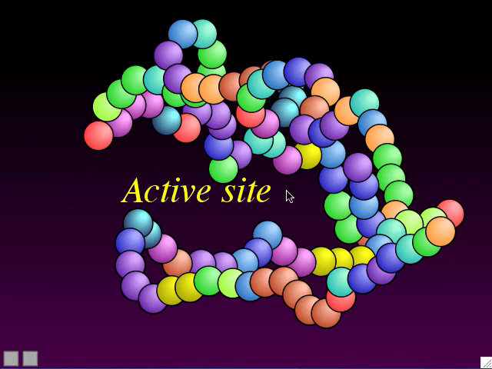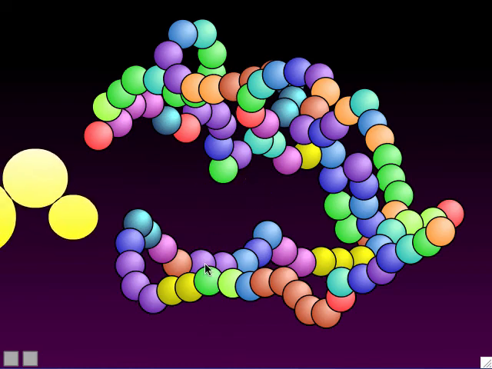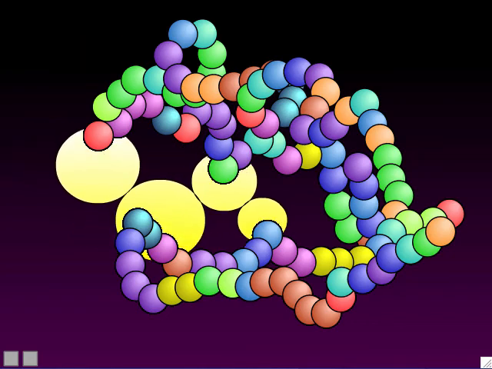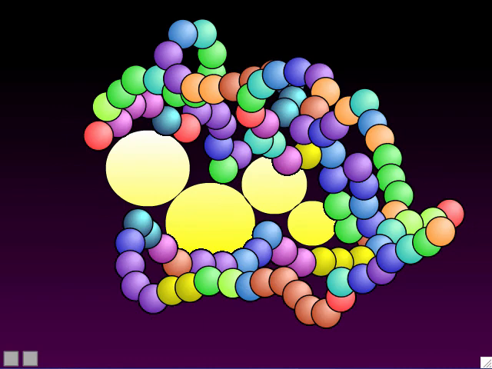So this spot here, this kind of crevice in the enzyme here, is the active site of the enzyme. The molecule that goes into the active site, in other words, the molecule that the enzyme does its chemical reaction on, is called the substrate of the enzyme. And notice that the shape of the active site exactly fits the shape of the substrate.